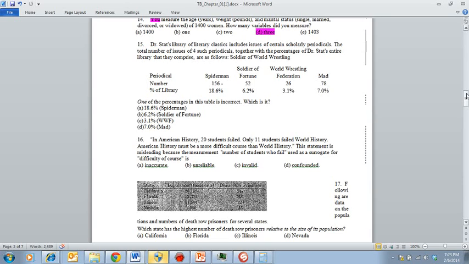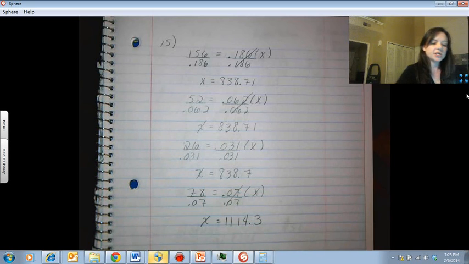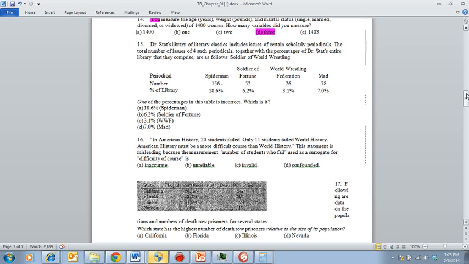I wrote this one out separately, so let me switch back so you can see what I did. All right, so this is a little bit tricky. Basically, what I'm trying to do is find out if the percentages are correct for the total. We don't know the total, but if you read it straight up like a percentage problem, take a look at the first one, Spider-Man.